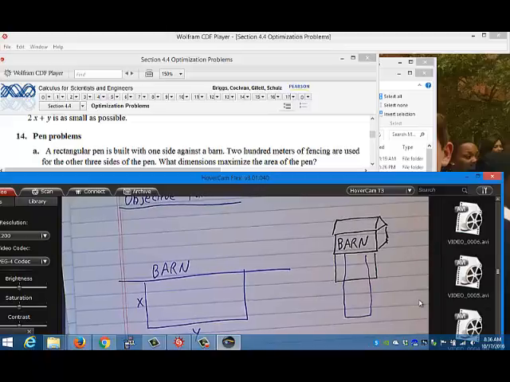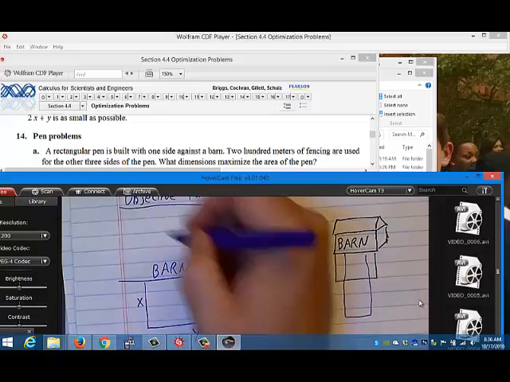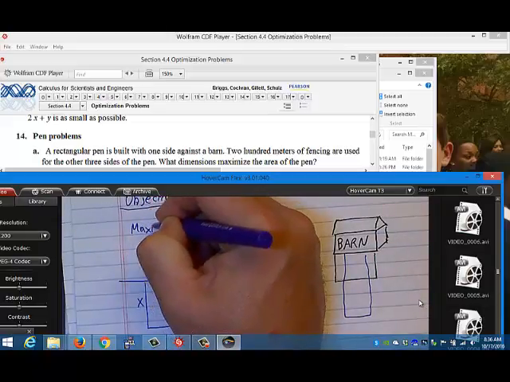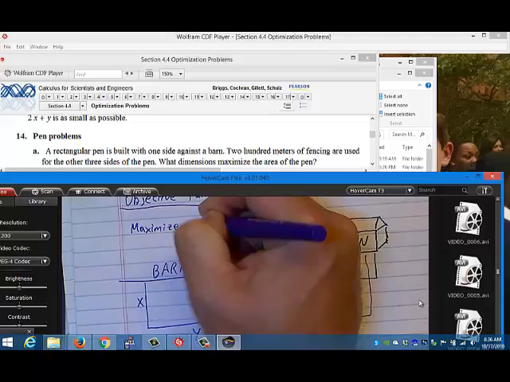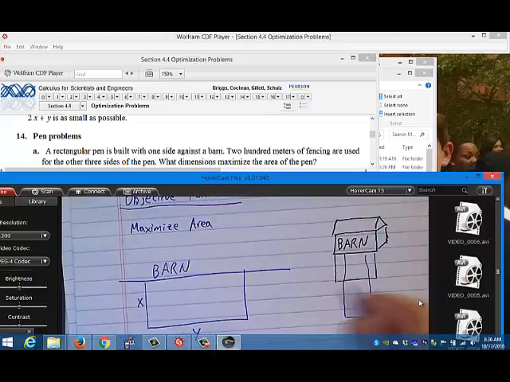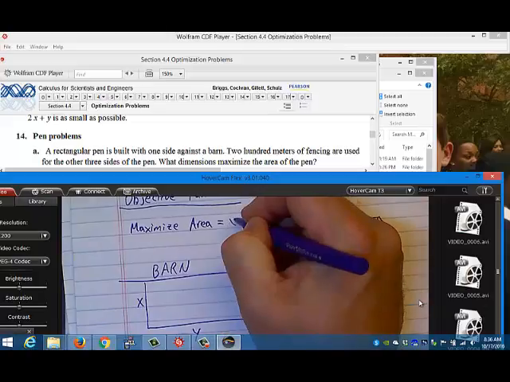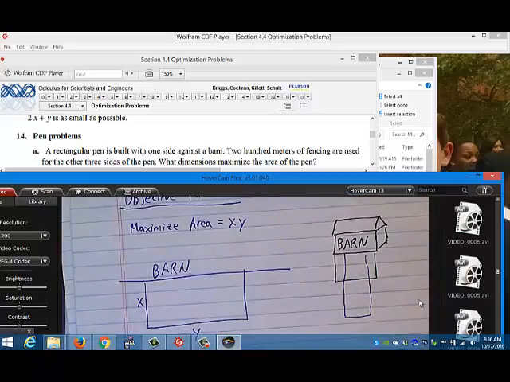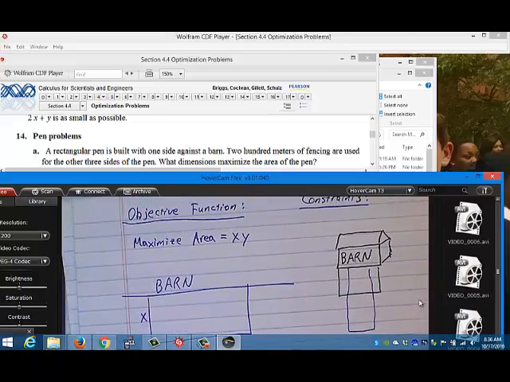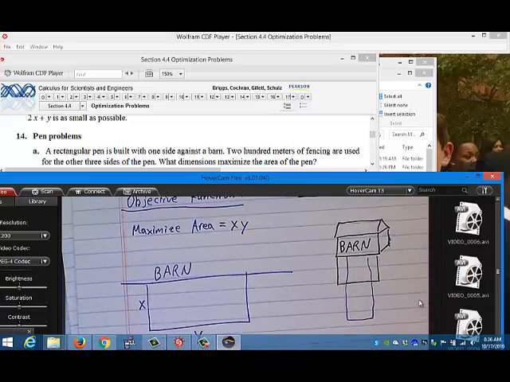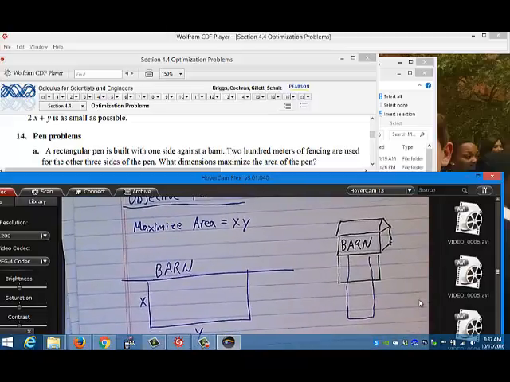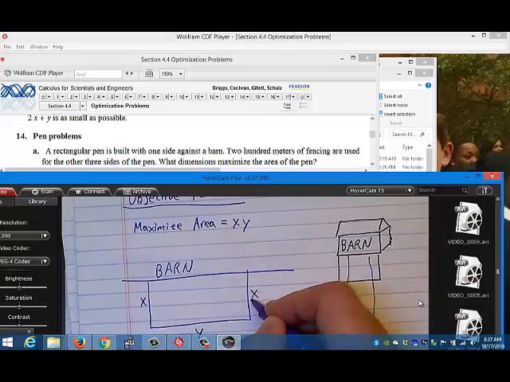Again, we're trying to maximize or minimize here. We want to maximize area once again, kind of like Dido's problem. This is an extended version of Dido's problem because the constraint is different. Area, if I use X and Y, is going to be X times Y. But what's my constraint going to be for this problem? 2 of your X plus your Y has to equal 200.